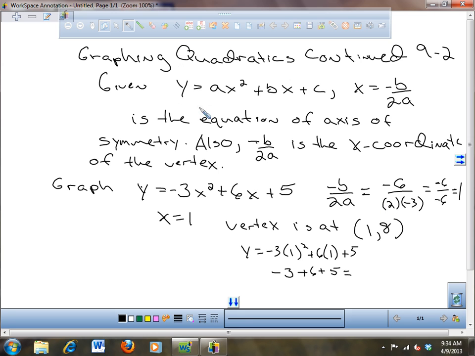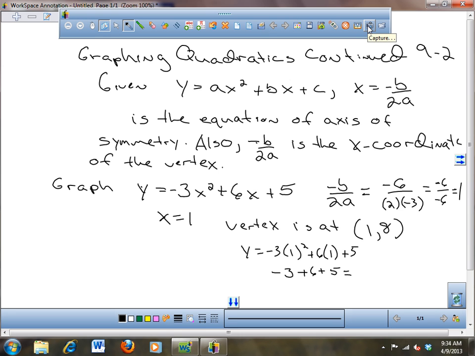So all of this information here helps you graph this function, right? Because I know the axis of symmetry and I know the vertex, that's the point at (1, 8). So I'm going to try to graph this function. Where am I going to graph it? On graph paper? Sure, let's graph it on graph paper.